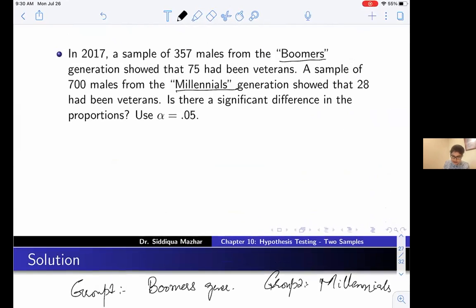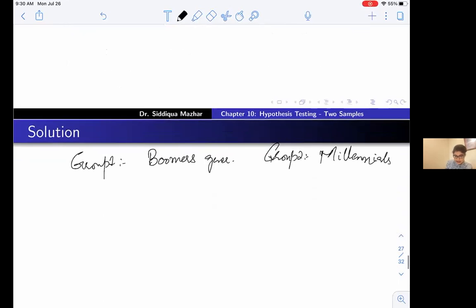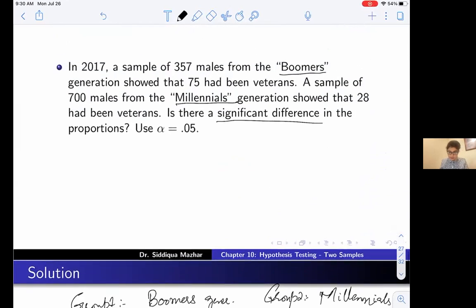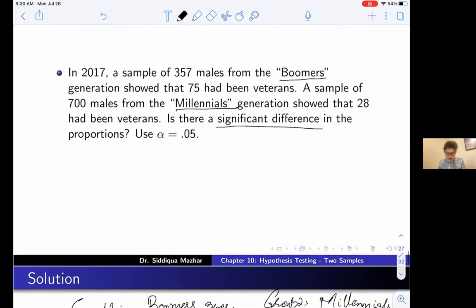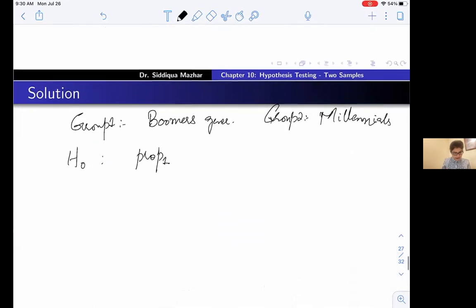So we are going to check significant difference. First I'm going to write the null hypothesis. I'm going to say that prop one for the boomers generation, who were found that 75 were veterans, is equal to the proportion for the millennials generation.